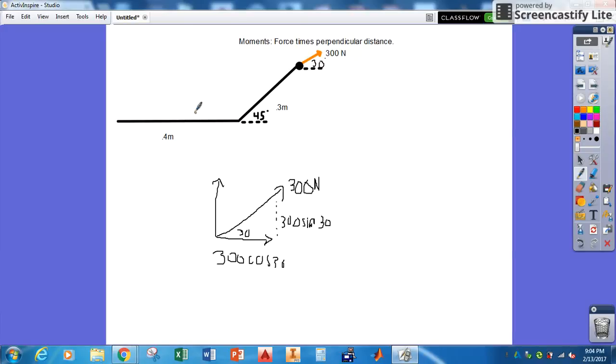So now that we have this figured out, we need to find all of our distances. They give us this 0.4 and this 0.3. Now we need to solve for this x on the 0.3 and the y on the 0.3. If we draw a triangle, they give us that this is a 45-degree triangle and that this is 0.3.